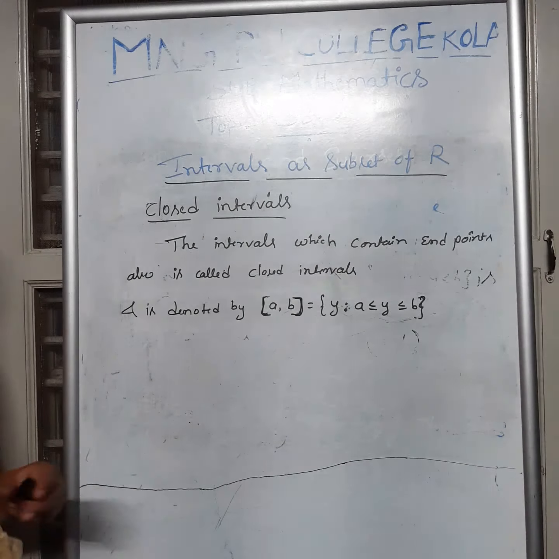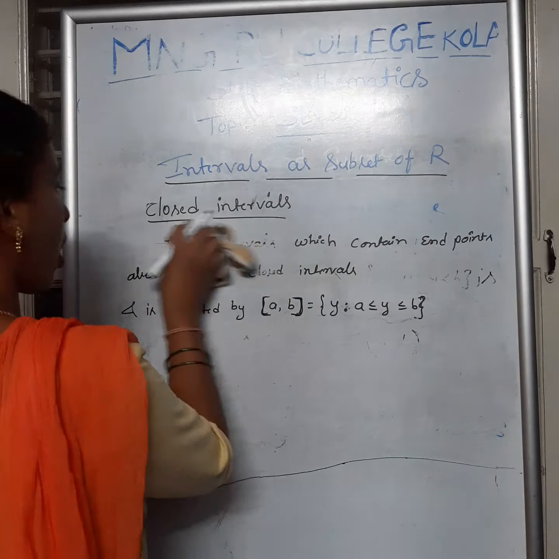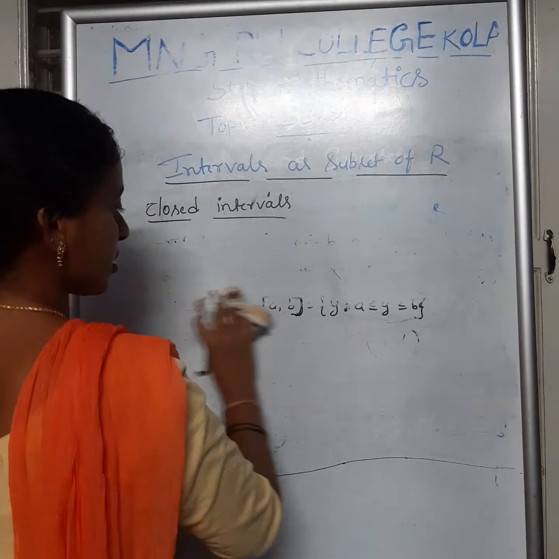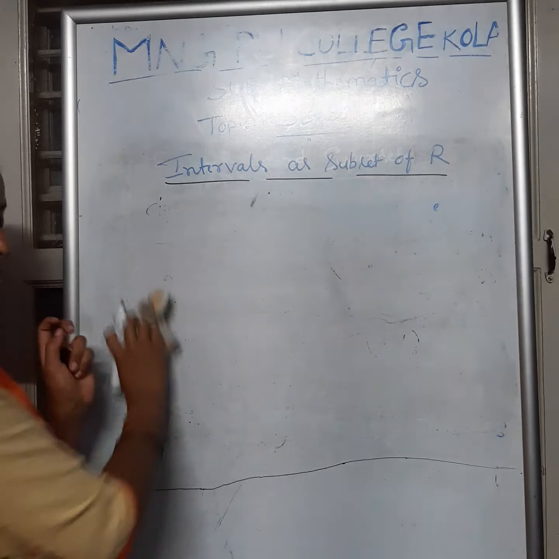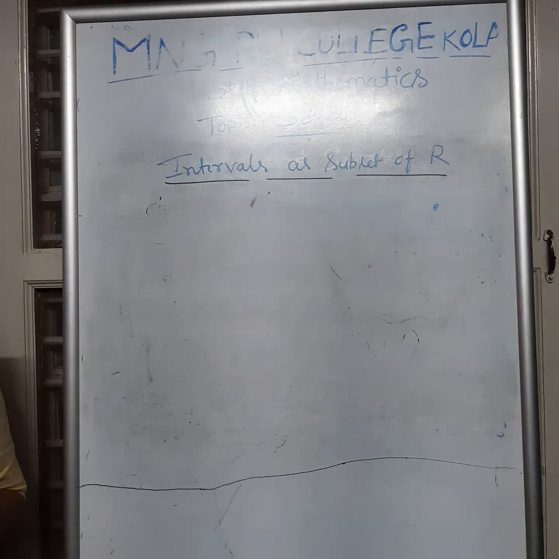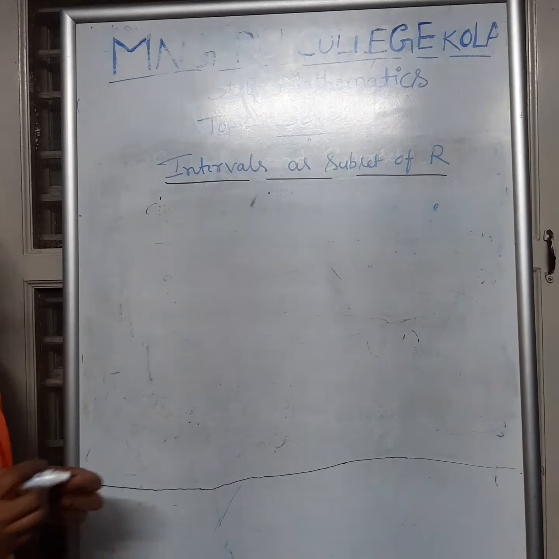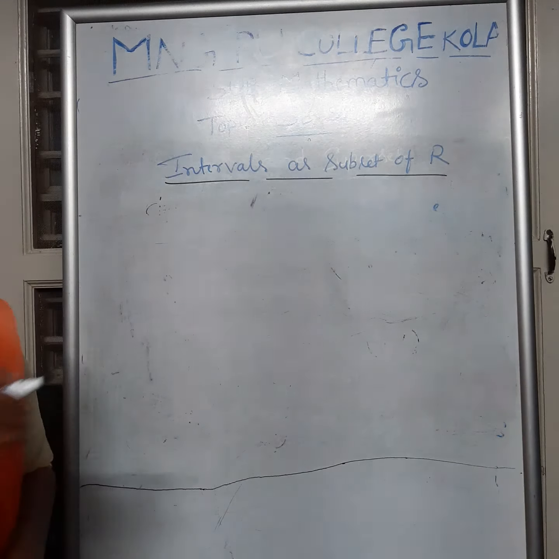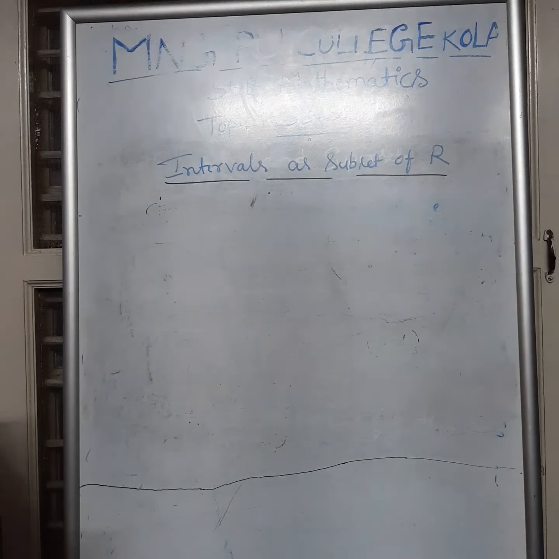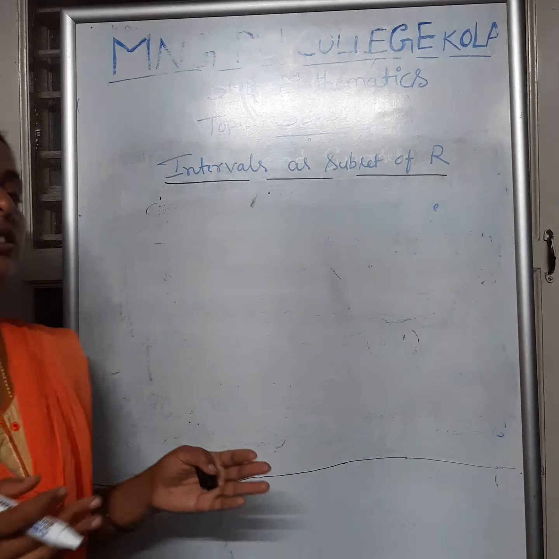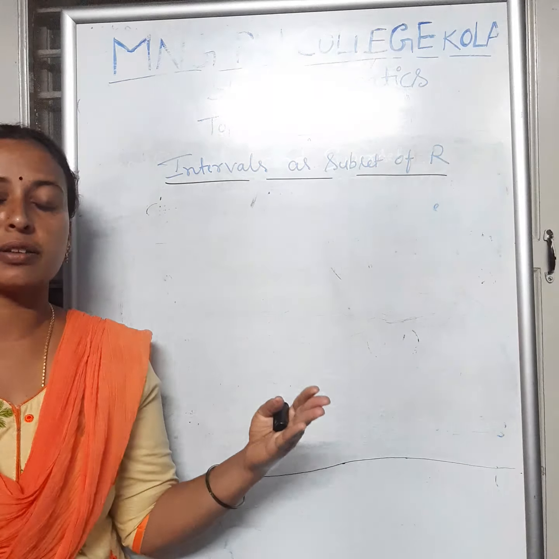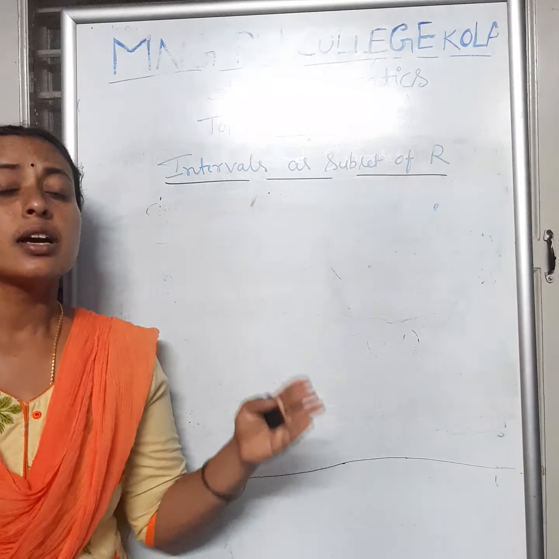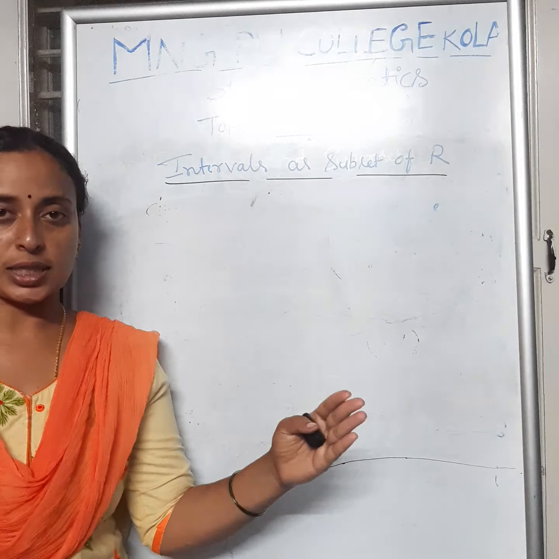So here there is another type also, that is of open-closed intervals. So what is the difference between the open interval and the closed interval? In the open interval we don't consider end points.